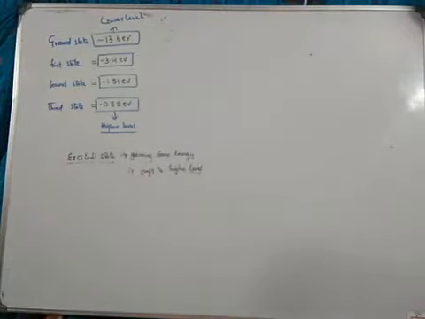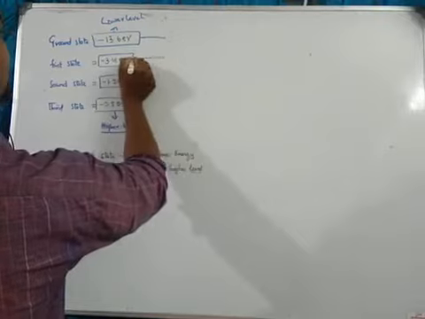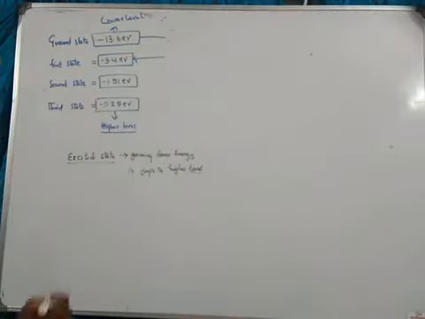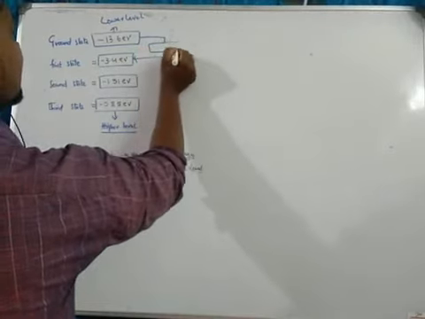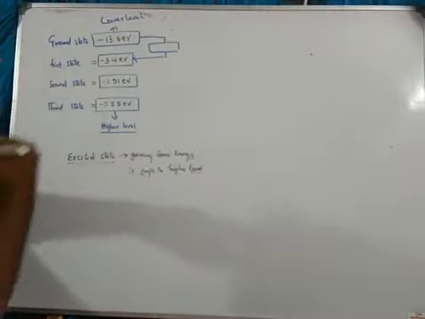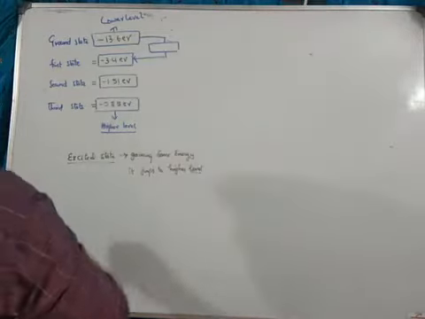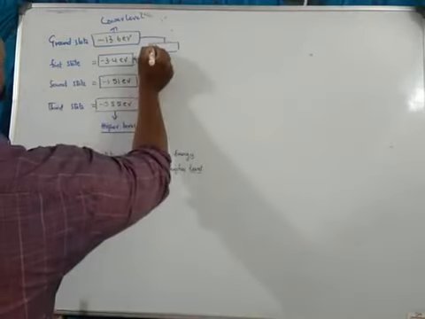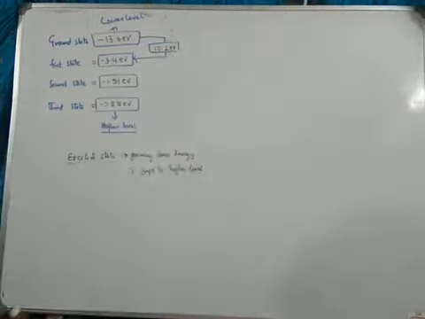Okay, suppose we consider the ground state, and from the ground state we want to go to the second state. For that, how much energy do we want? We will take the difference. We are adding some energy, that's gaining. If you add 10.2 electron volt energy.